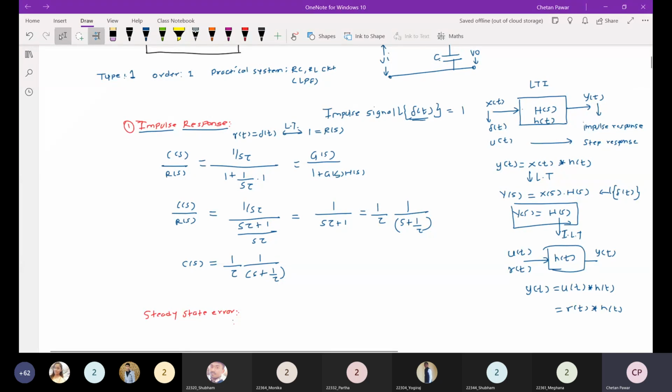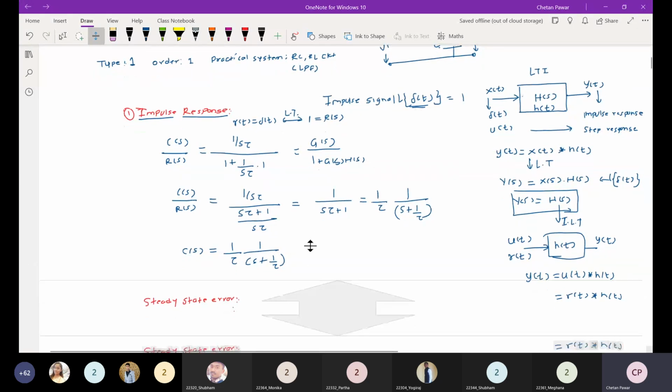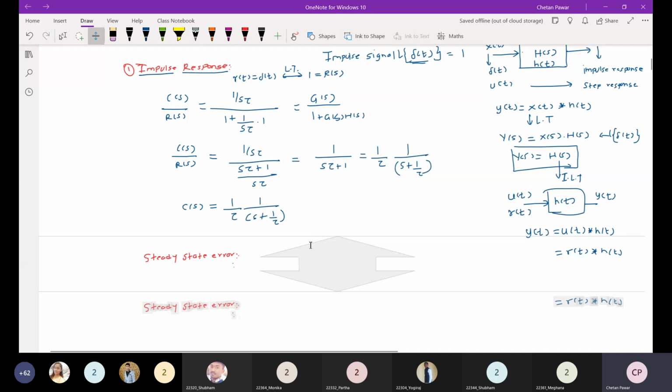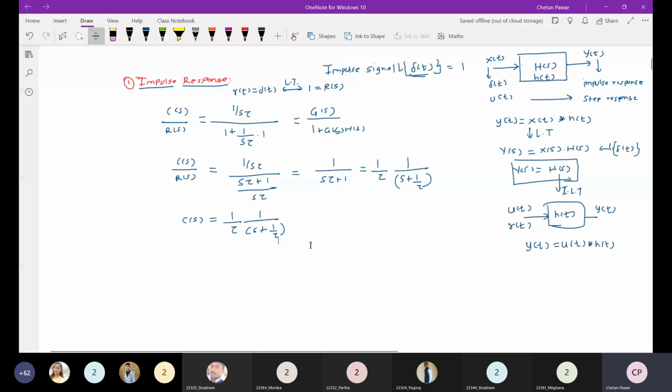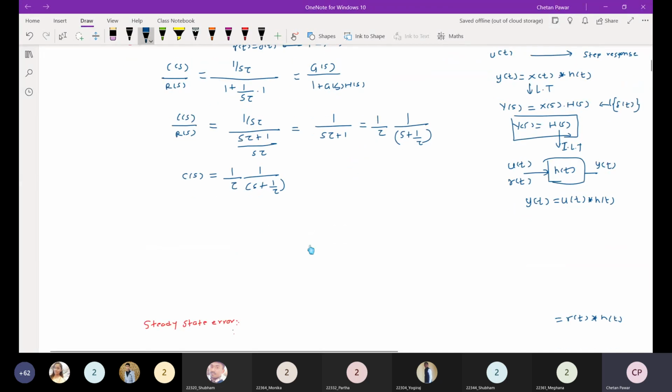Now, if you take the inverse Laplace transform here, what will be the inverse Laplace transform of C of S? C of t will be. So, what is the inverse Laplace transform of this particular response?